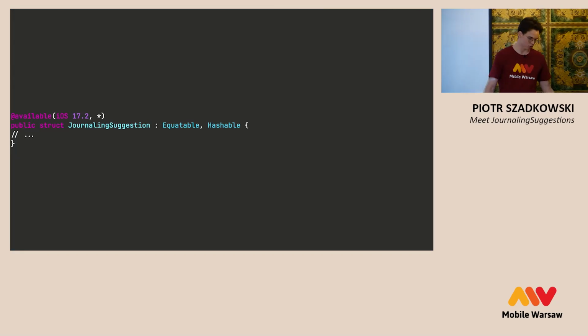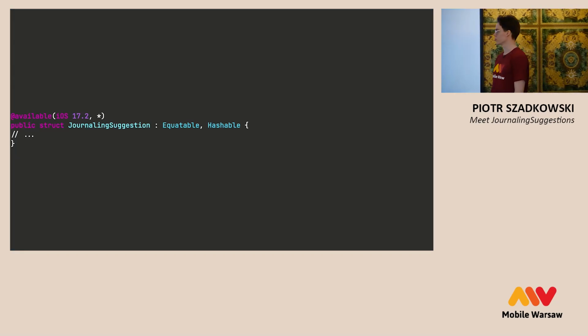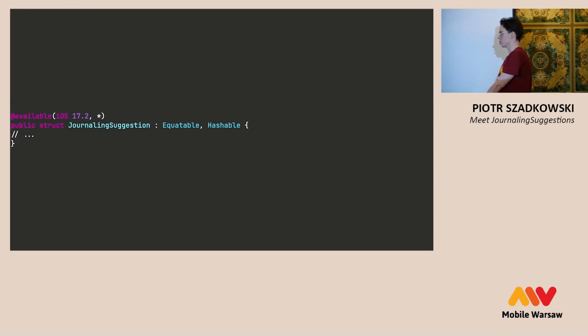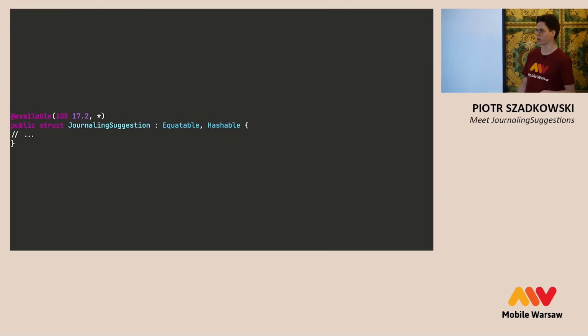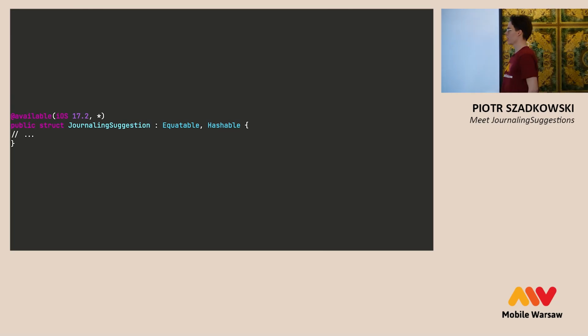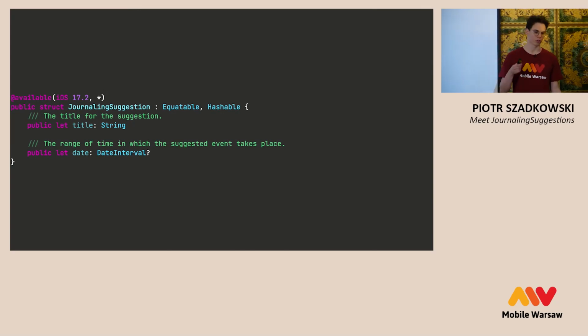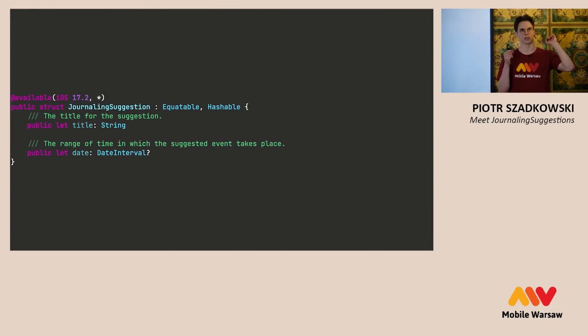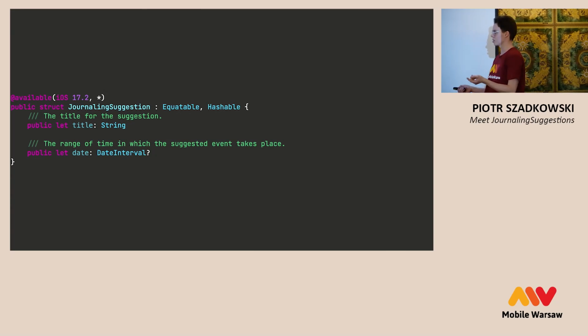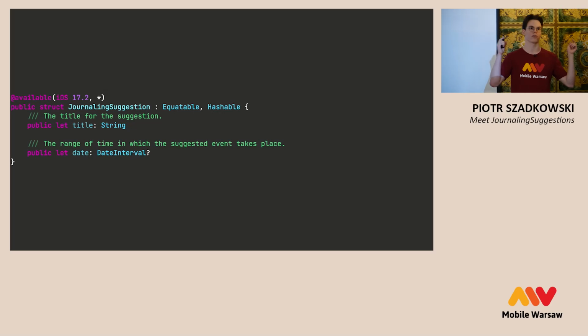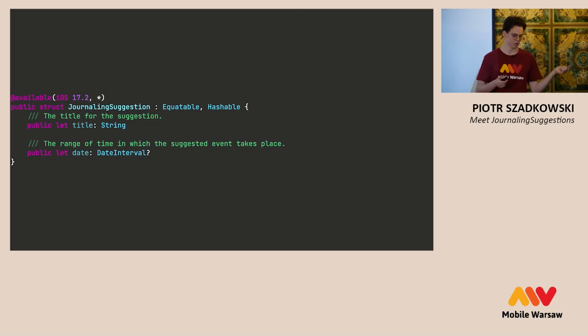Then we go to more important stuff, which is the models that they offer. There is a journaling suggestion, which is the entry that you will get once the user selects different things. In this entry, there will be a title, which is the name the user gives the whole entry, and the date, which is the whole span of events, because there can be photos from a week. So it will give you information about the interval of that.